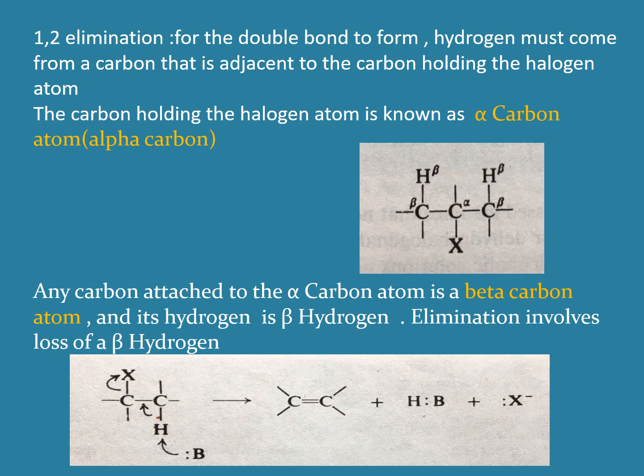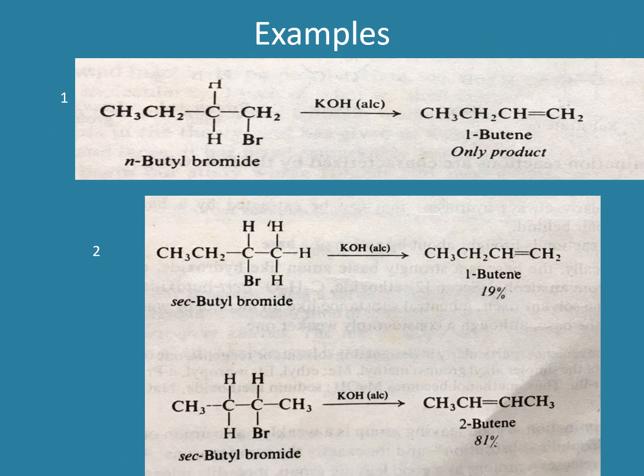In elimination, when a base reacts with this alkyl halide, the base will abstract the hydrogen atom, and the hydrogen will be lost as a proton, leaving its 2 electrons in the substrate molecule, and that will form the double bond. Here 2 examples are given.